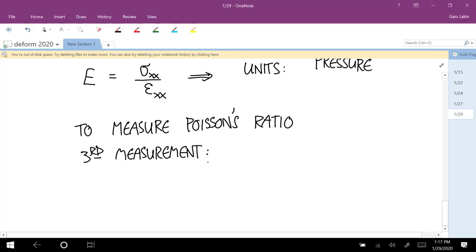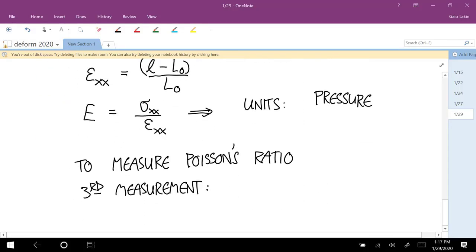You measure how much one of the sides contracts.